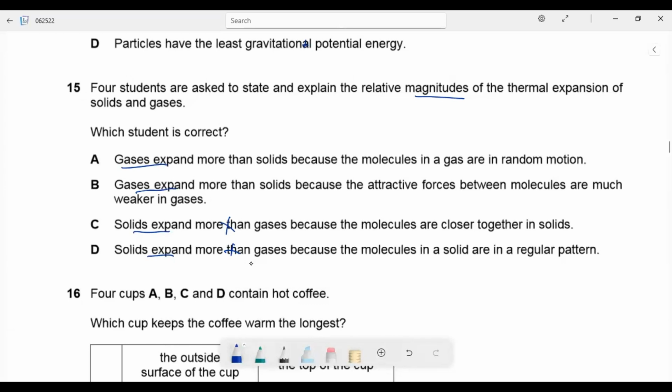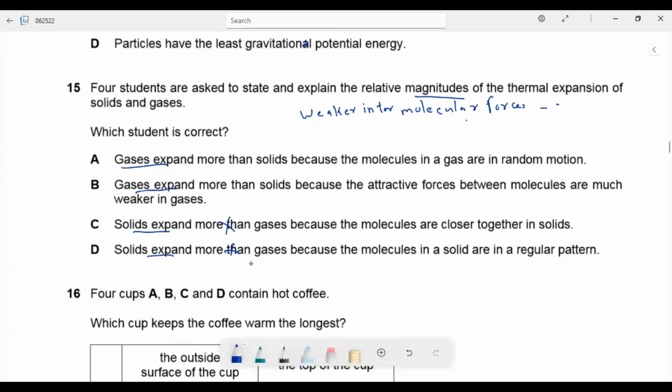In the case of gas, the molecules are relatively far apart and they're having weaker intermolecular force. The intermolecular force in gases is weak. This is responsible for the movement. So two statements are there.